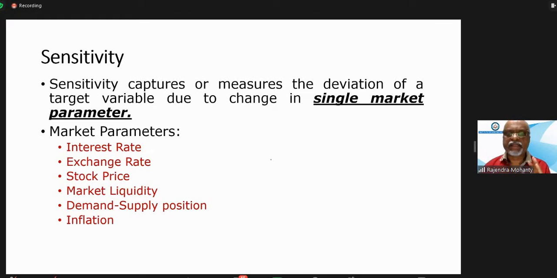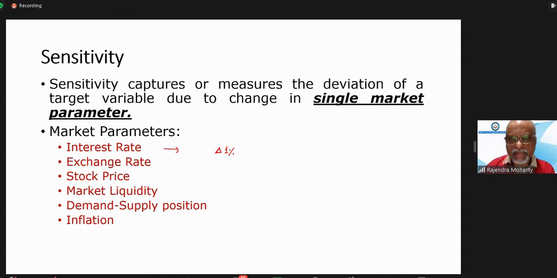Okay. Now suppose, for example, I am giving it. Suppose there is an interest rate change in the market, or we can say the rate of interest in the market of that asset has changed. Say that interest rate changed by 1%. So 1% change in interest rates.